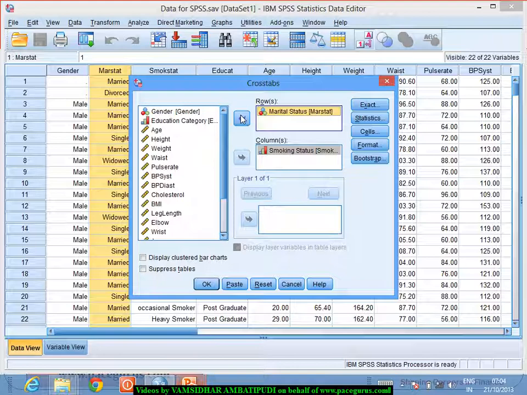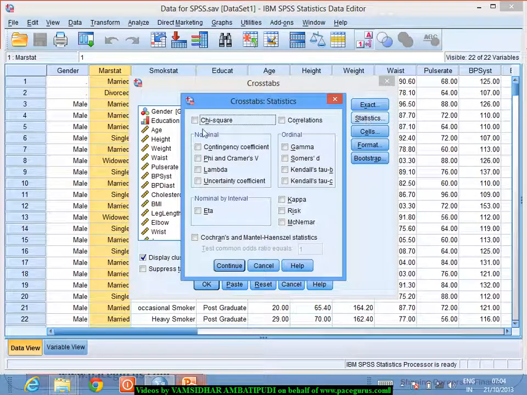But some of the important things that are required here, not just the calculation, probably if required I should look at this graph. This graph is nothing but the clustered bar chart, we'll look at it. But one of the most important things I suggest is the statistics, where we look at the chi-square.